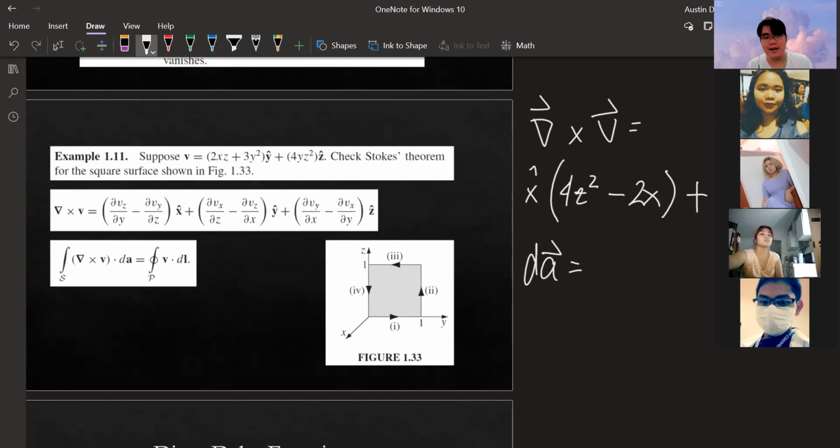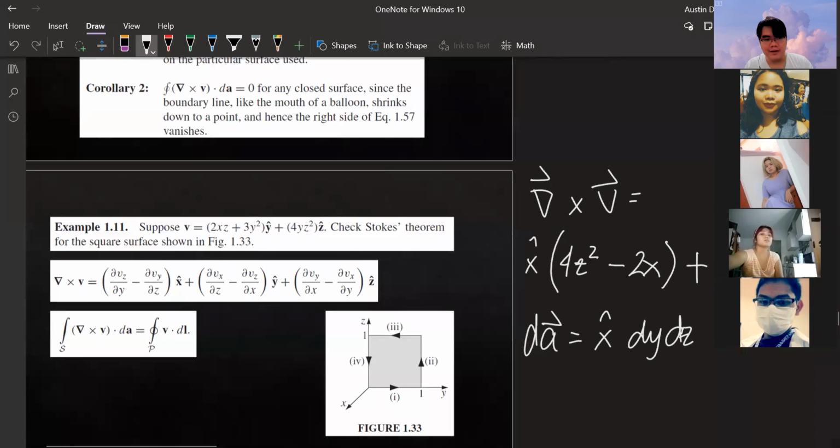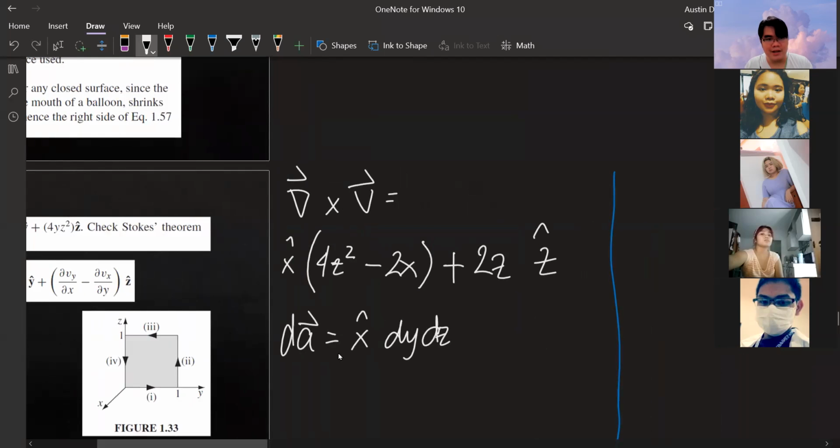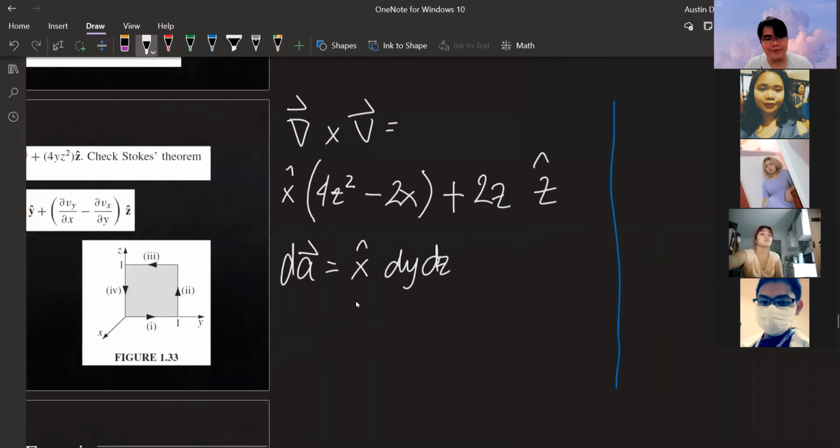That is just, gusto natin na nakatutok sa x-hat, so x-hat. Then yung area mo will be dy dz. Okay? Okay, pag dinot na natin itong dalawang to, ang mabubuhay lang is yung first term. Okay? Kasi walang z hat dito. So, I'll write it down.